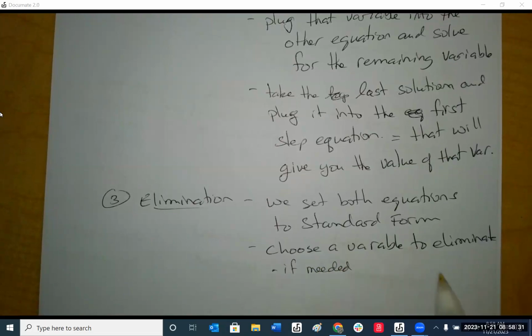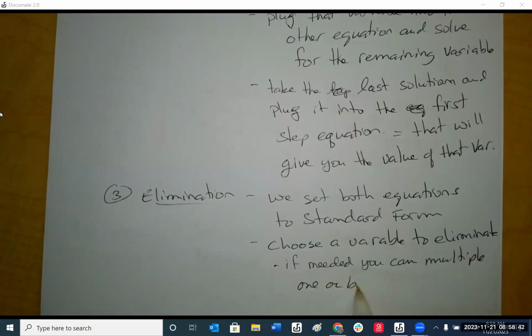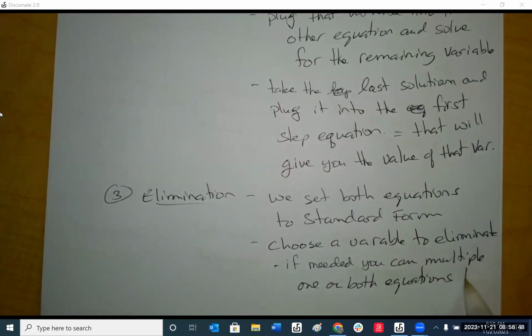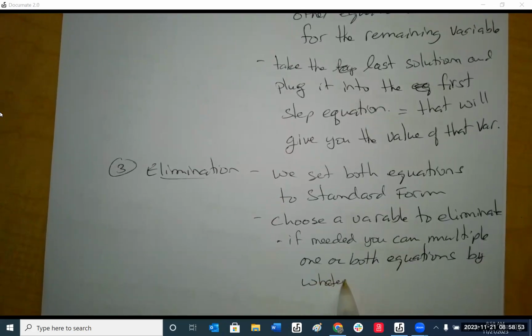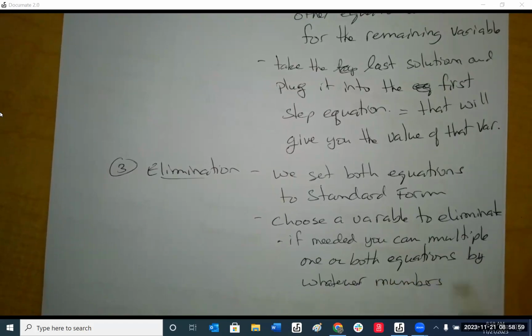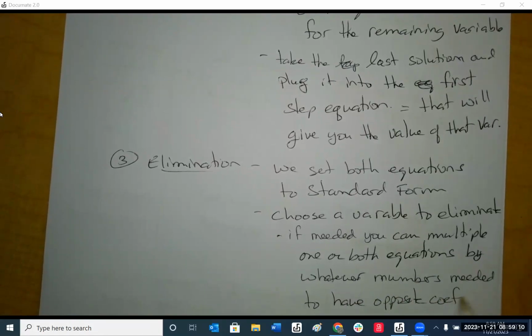If needed, you can multiply one or both equations by whatever numbers needed to have opposite coefficients.